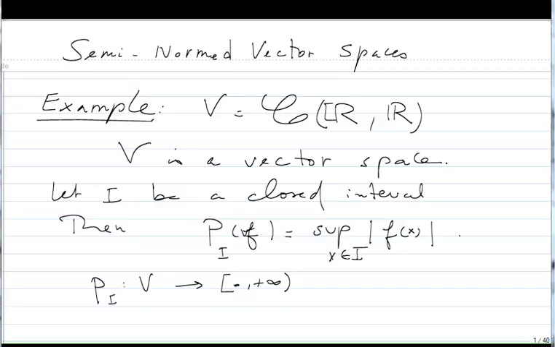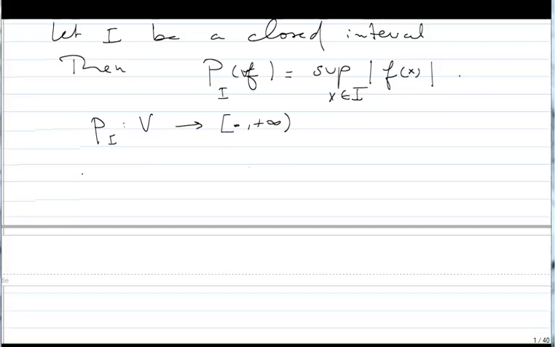The triangular inequality and everything. The only problem is that it fails one very important property: p_I of f equals 0 does not necessarily imply that f equals 0.